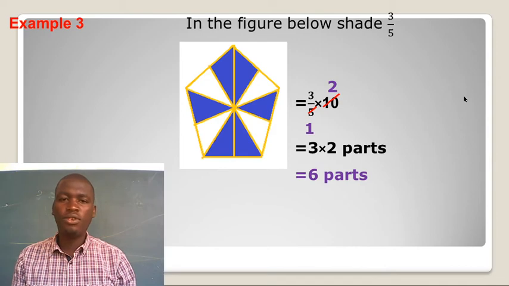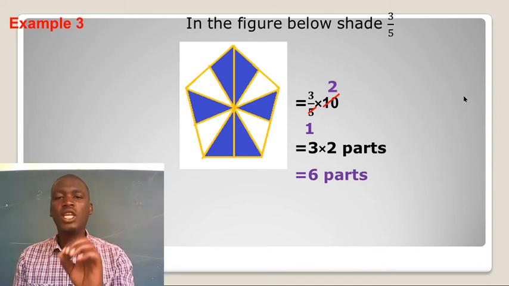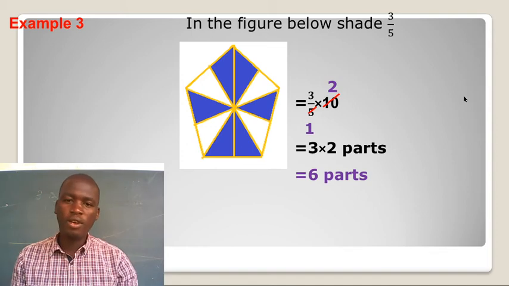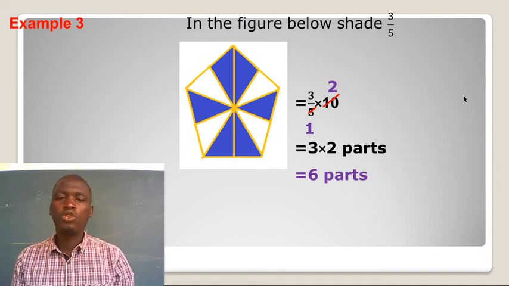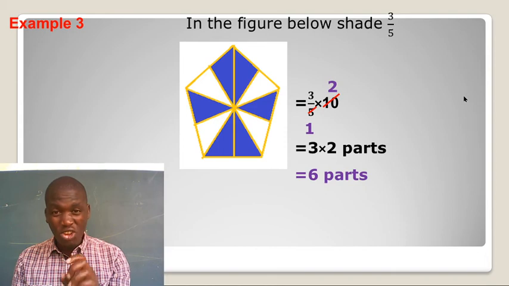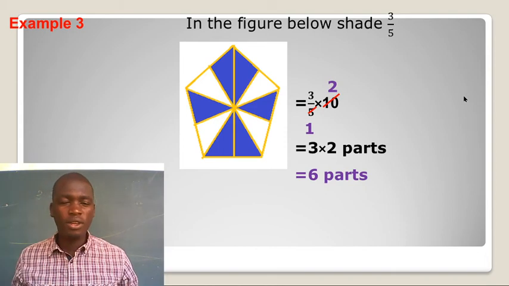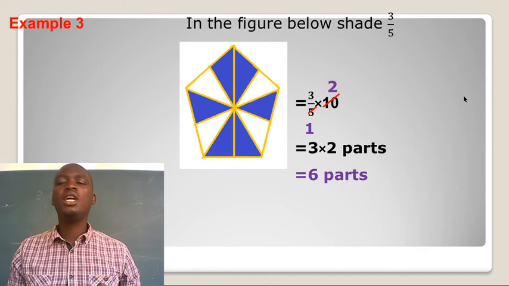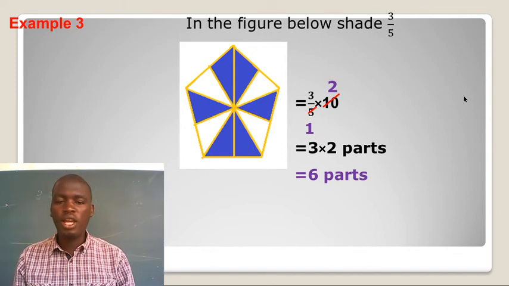So 3 out of 5 times 10 gives us 3 times 2 parts when you simplify. 10 divided by 5 is 2, giving us 6 parts. So 3 out of 5 is equivalent to 6 out of 10. They have the same value.